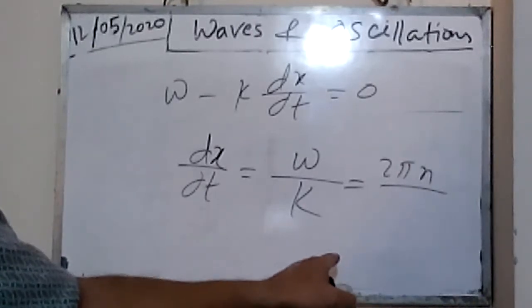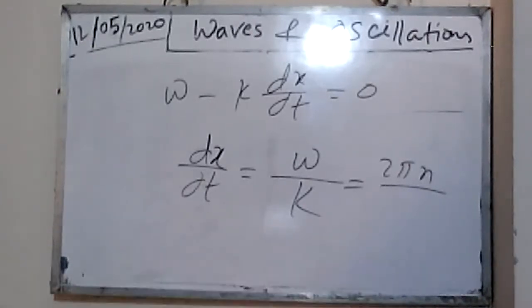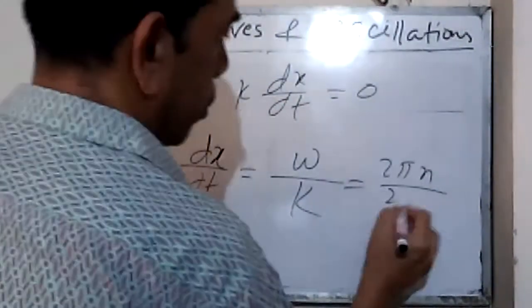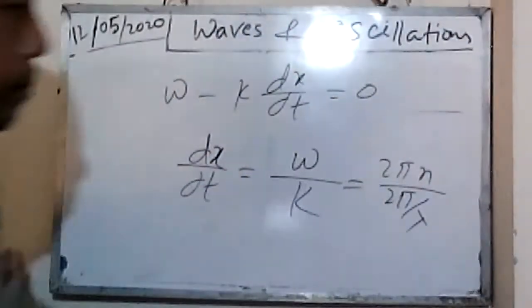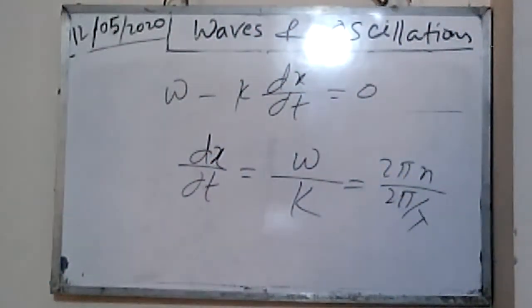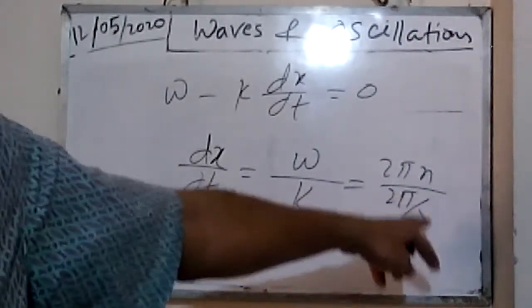And k equals 2 pi by lambda. In our previous class, you got the relation k equals 2 pi by lambda.